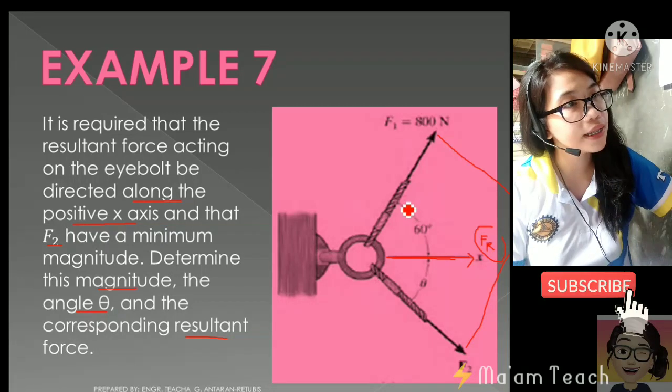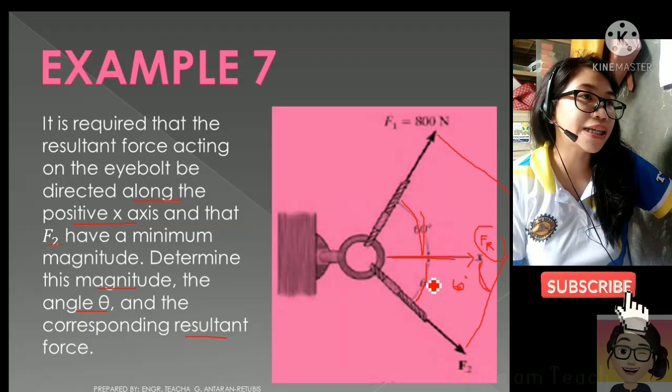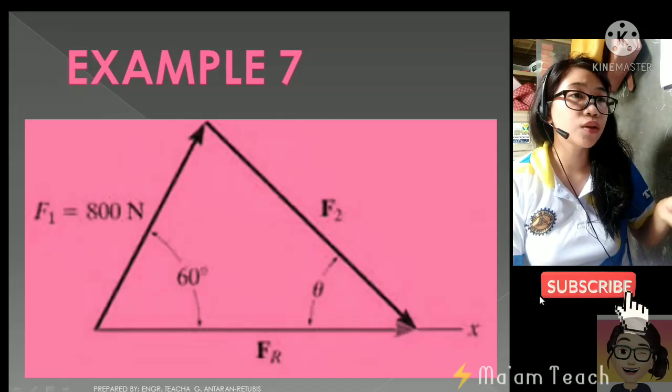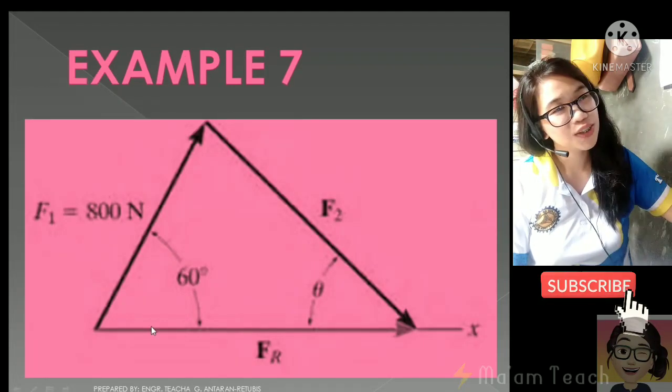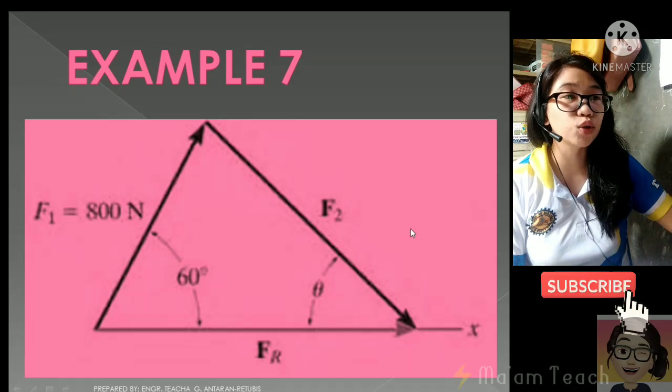Take note that the angle here, class, is equal to the angle here, which is 60 degrees. So this is our f sub r, this is our theta, which is the direction of our f sub 2. So if we isolate that part, we'll have it like this. There. This is our f sub r, class. This is our f sub 1 and the f sub 2.